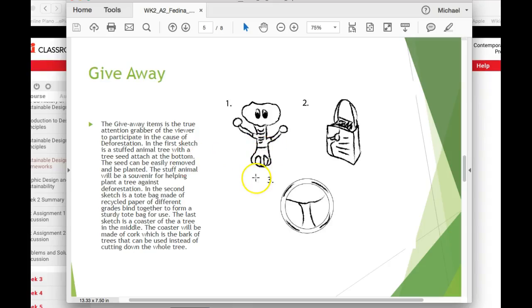So if this little stuffed animal or stuffed tree is made out of something that's sustainable, that's great. But how is it assembled? Is it glued together? If it's glued together, what's the glue made from? Need to know that. Same thing with these tabs. Are they glued to the side of the bag? Need to know what the glue is made from. Or are they sewn together?